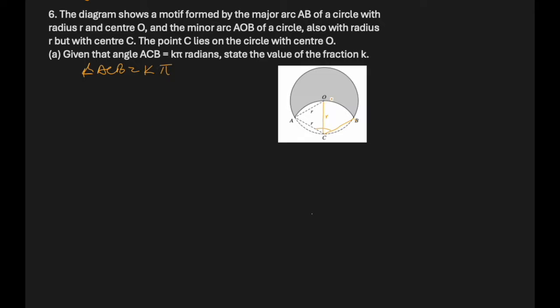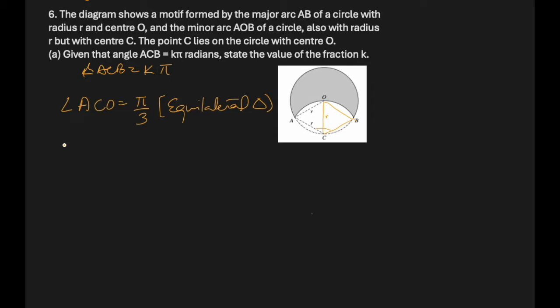And we can clearly see what it is equal to. Why? Because this is R, this is R, this is R. That means this is an equilateral triangle. So angle ACO will be pi by 3, 60 degrees, because it is an equilateral triangle, right?